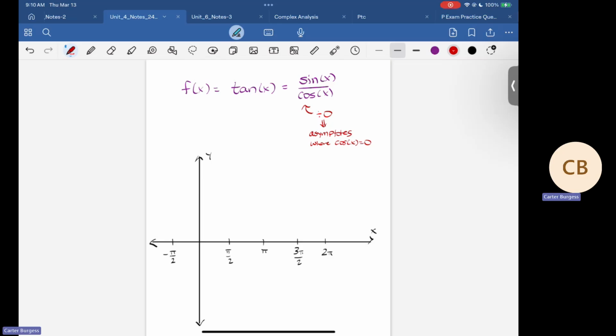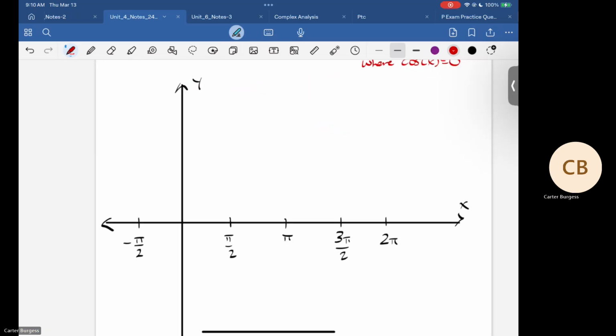Okay. So thinking about our standard rotation around the unit circle, what are the two angles in our typical rotation for which cosine is 0? When is our x value on the unit circle 0? Okay, what is the angle that goes with this?